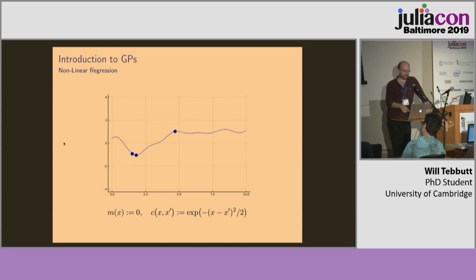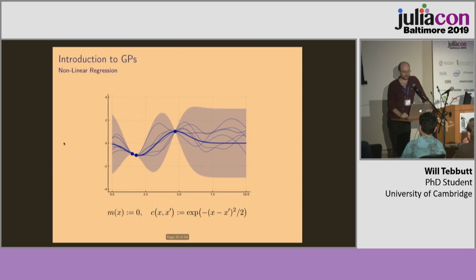We're not going to get to see the rest of the function, we're just going to see it at these 3 points. Then if we compute the posterior GP and take samples from it, you get this kind of thing, where the samples from the posterior GP go through the observed points, because those are things we've observed, and they deviate from that elsewhere. And this gives you some notion of your uncertainty about the function away from these points. This is where the uncertainty calibration comes in.